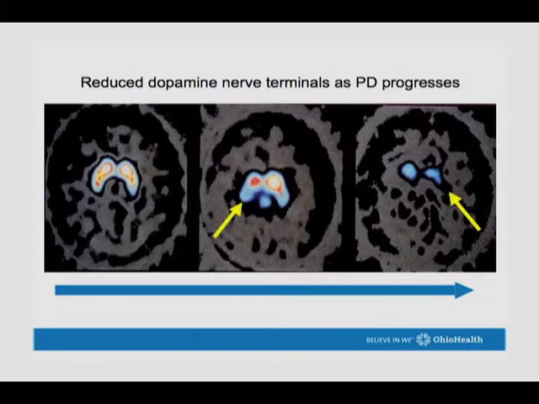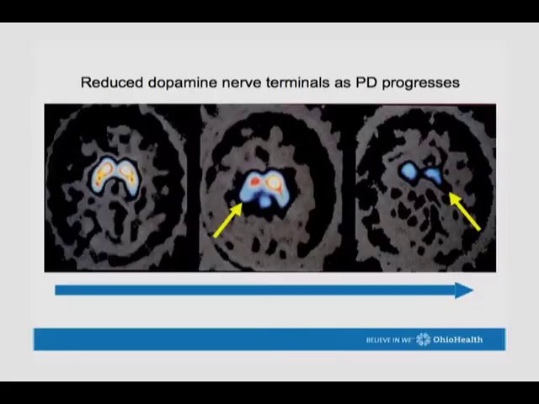This is a DAT scan, a dopamine transporter scan, if you've heard of that. What is happening is basically we're able to label the end process of the dopamine cell. We can kind of put a glove on the hand, so to speak, and the more gloved hands there are, the more signal we get.